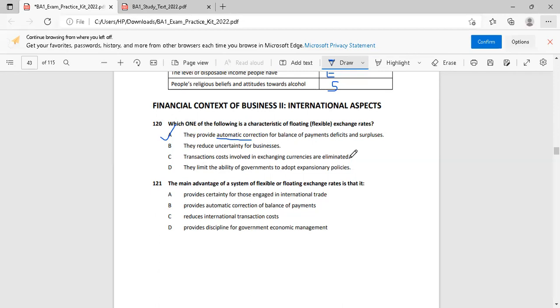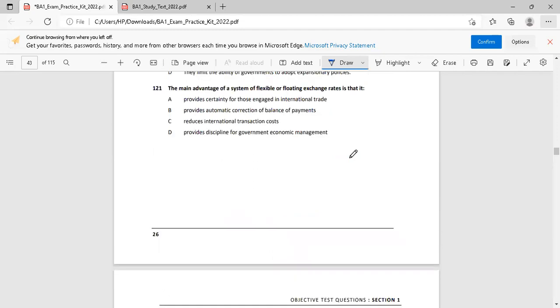The main advantage of a system of flexible or floating exchange rate is that it provides certainty for those engaged in international trade, provides automatic correction of balance of payments, reduces international transaction costs, and provides discipline for government economic management.